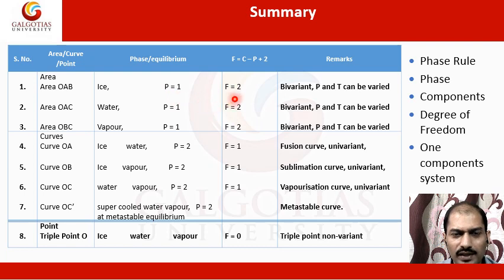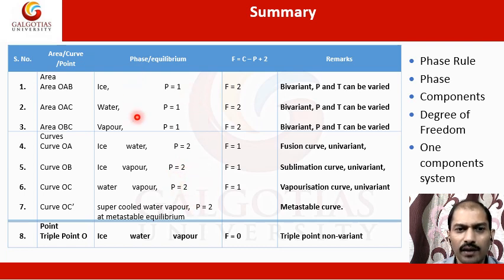So in case of ice, phase will be one, water also one, vapor will be also one. The degree of freedom can be calculated with the help of this equation. If you put this in a tabular form, you can understand, and make your remarks in a tabular form, like bivariant means pressure and temperature can be varied. And also in case of ice, water and vapor, you can express these remarks in case of curves, like OA, OB, OC and OC prime.